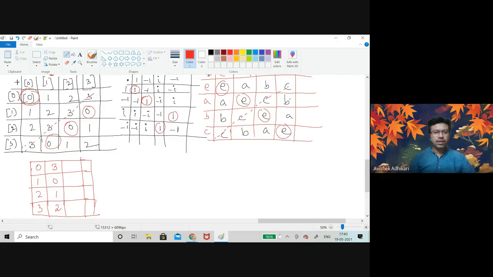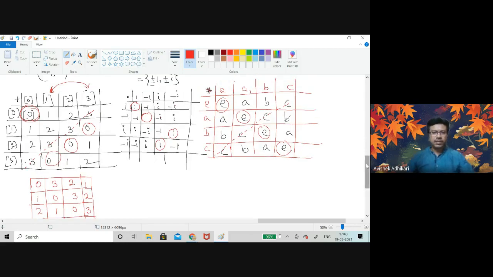Then here it will come 1, 2, 3, 0, and this will remain the same: 2, 3, 0, 1. Do you think the same pattern is coming here also?